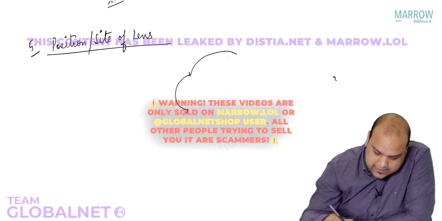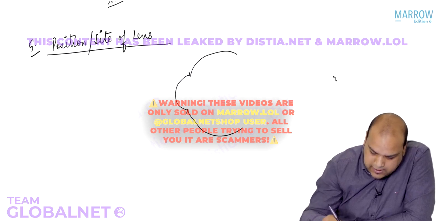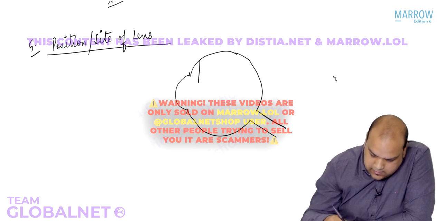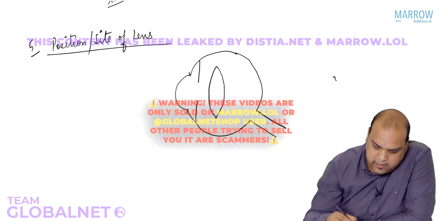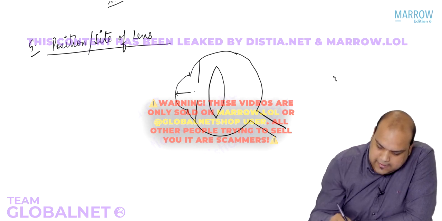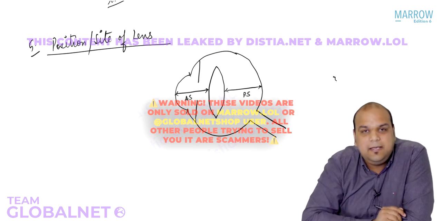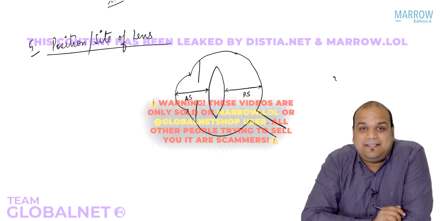I'm again drawing the cut section that we must be used to seeing. In front of the lens, this is the anterior segment. Behind the lens is the posterior segment. So where is the lens present?